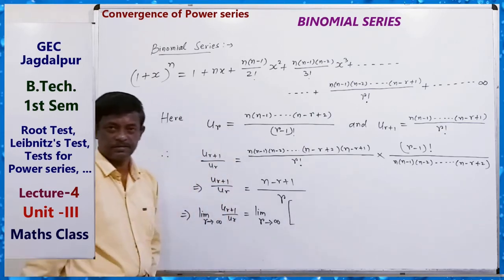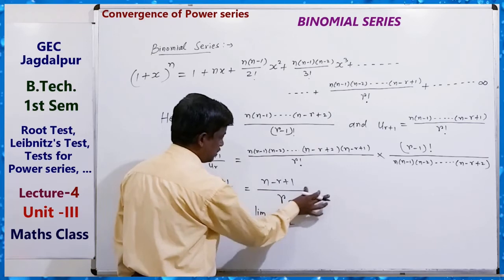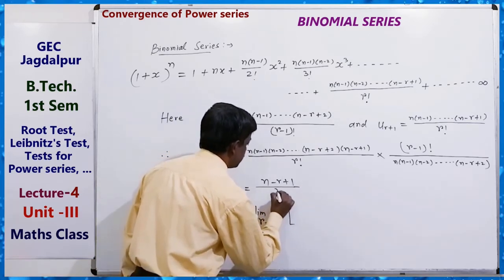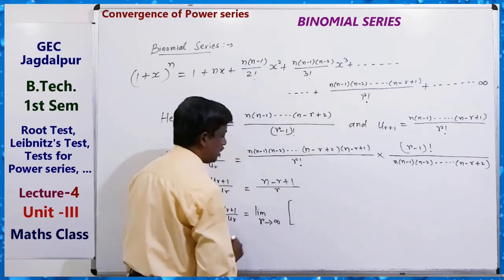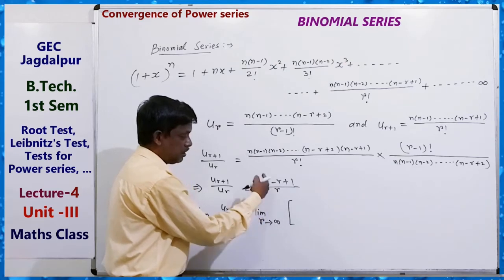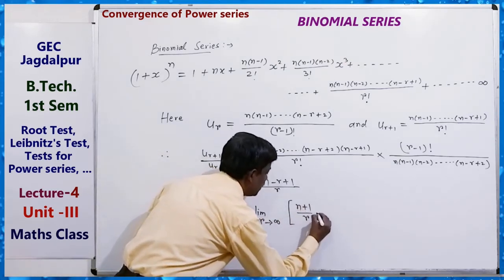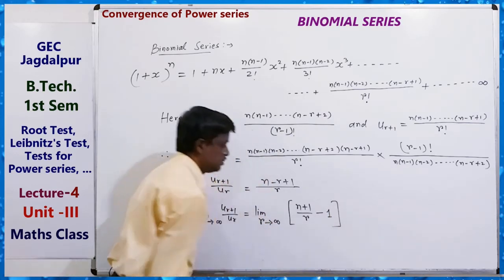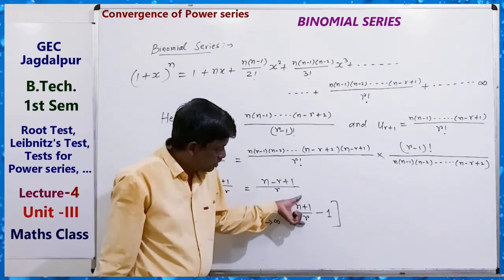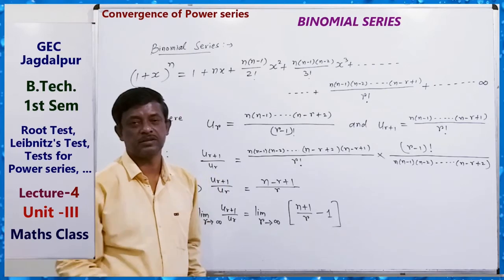Just divide by r here, and we get n plus 1 upon r minus 1. Now as r tends to infinity, this tends to 0, and the limit is minus 1.